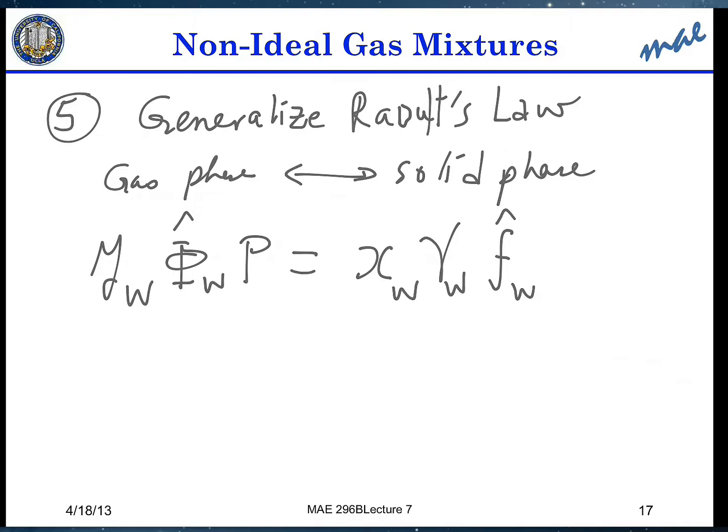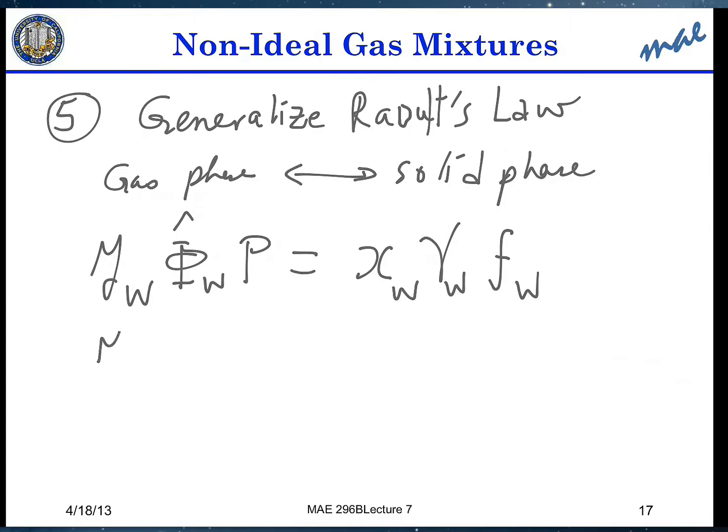The fugacity, this one here, the fugacity not in solution, of the tungsten, because the fugacity in solution is equal to gamma times the fugacity of the unmixed state.